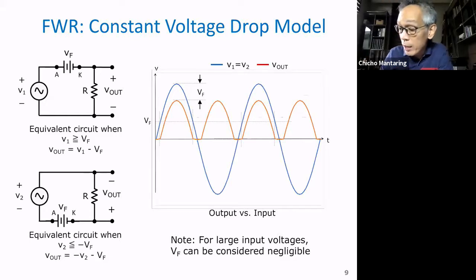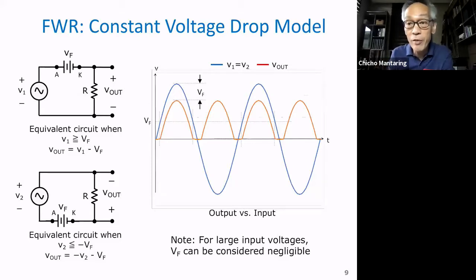When does D1 conduct? D1 conducts when V1 is greater than or equal to V sub F, and our output is going to be V1 minus V sub F. Now, if you take a look, this output is equal to V1 minus V sub F. And we know that this is the equivalent circuit of the diode under these conditions when V1 is greater than or equal to V sub F. Again, that's based on the open circuit condition.